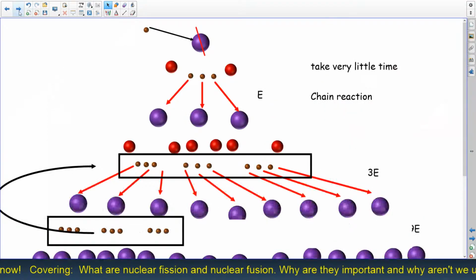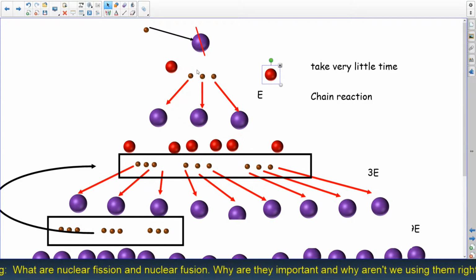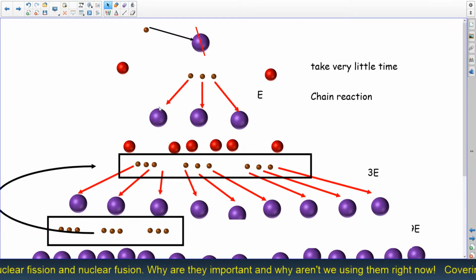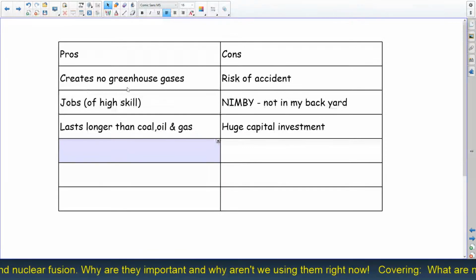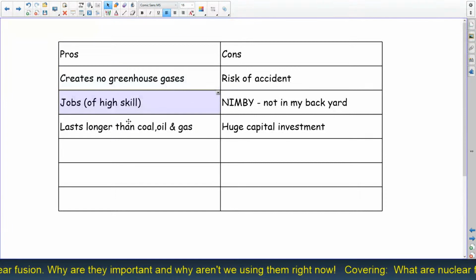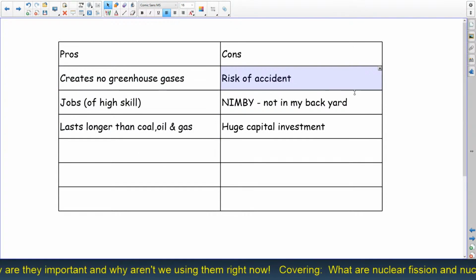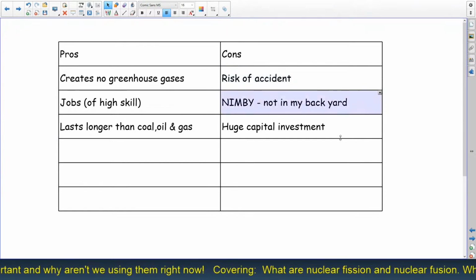You want to pick a material that not only produces high-speed flying fragments, but also produces extra neutrons, so that those neutrons can create more fissions. Good things: fewer greenhouse gases, high-skilled jobs, and it lasts longer than coal, oil, or gas. Bad things: there's always the risk of a radioactive accident, it produces radioactive material nobody wants anywhere near them, and you've got a big capital investment.